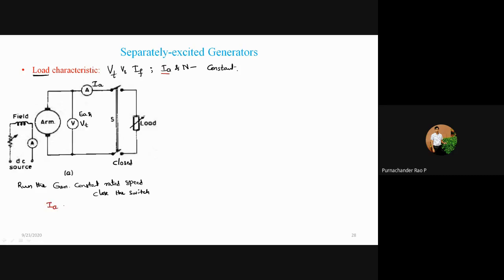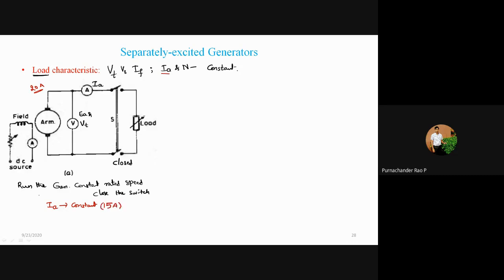So to keep IA constant at the rated value, whatever it may be: if the rated current of this generator is 20 amps, let us assume, you can keep 20 amps, or also 10 amps or 15 amps. As per your requirement, you can keep IA constant. Let us assume that the current I am taking is 15 amps.